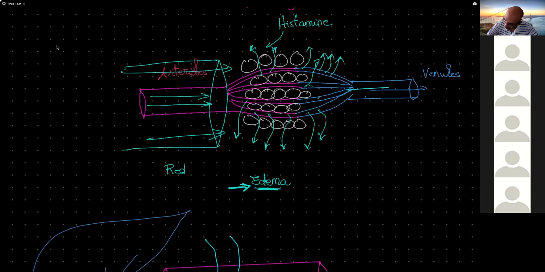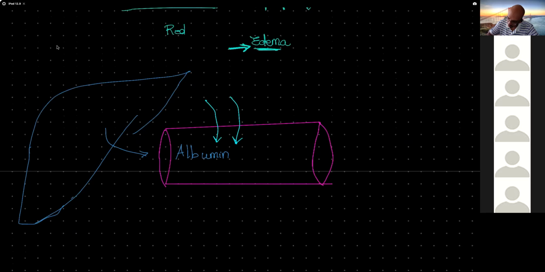So when I'm draining the blood back to the venules, I need to recapture this fluid back to my vessels before I leave. So if I don't have albumin, because for example, a person has liver cirrhosis, his liver is not working as well as it should, so I'm not having albumin.